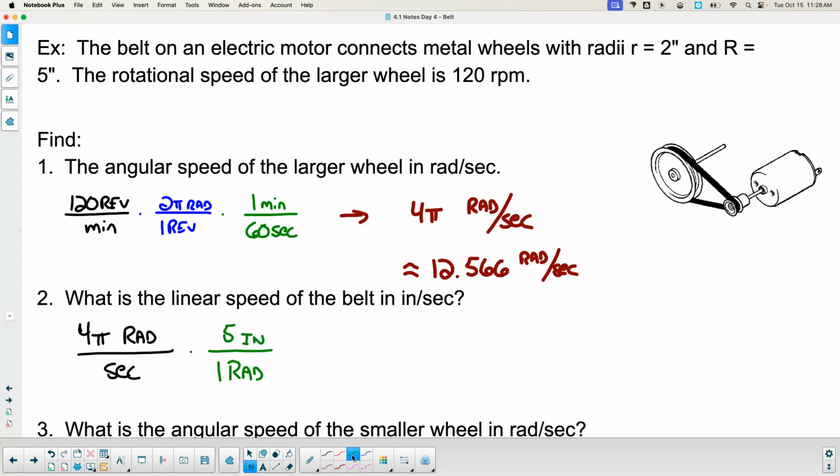Okay? So the speed of the belt is 20 pi inches per second.